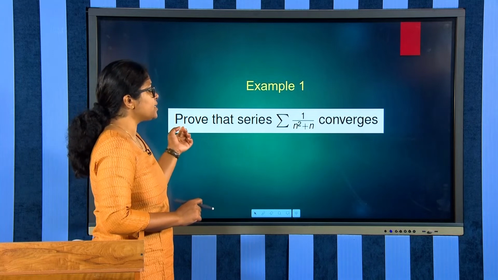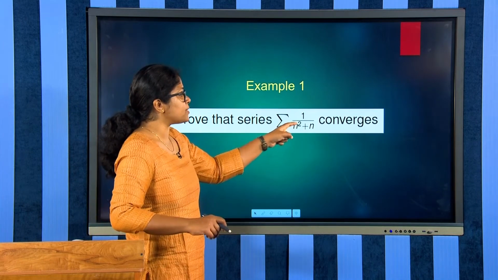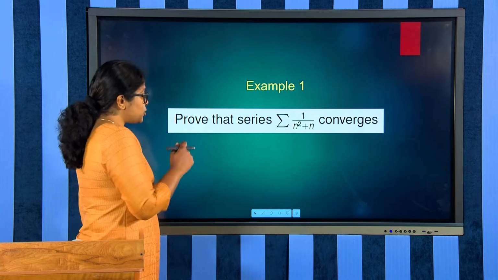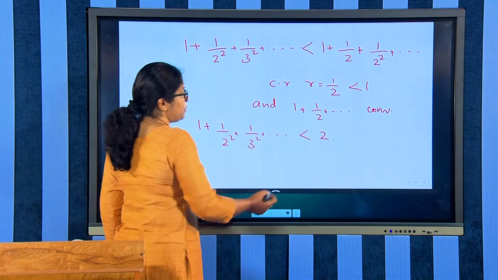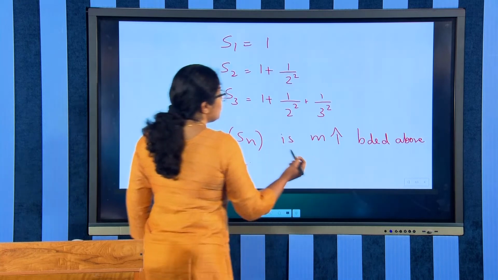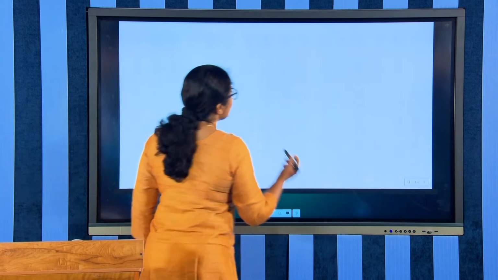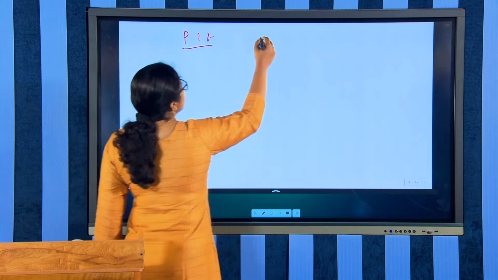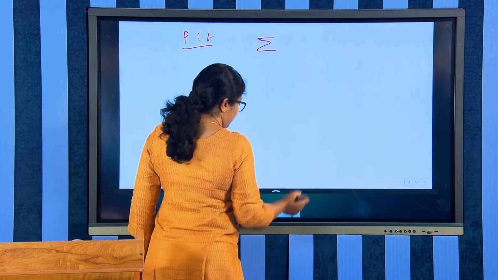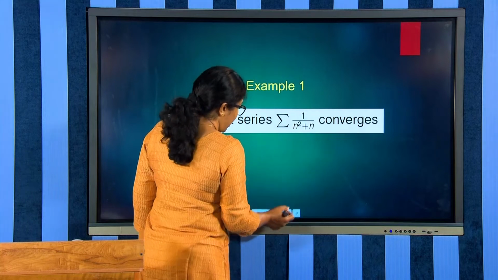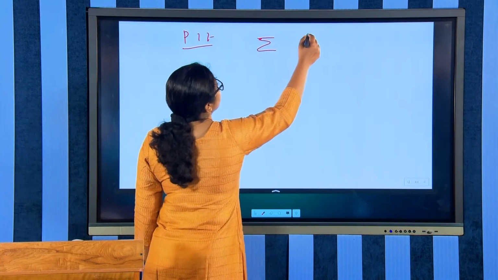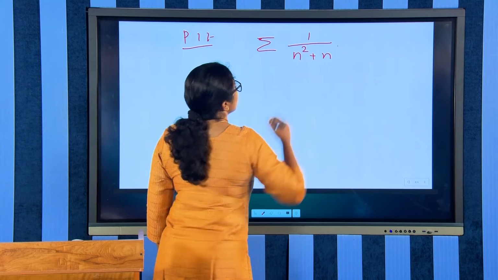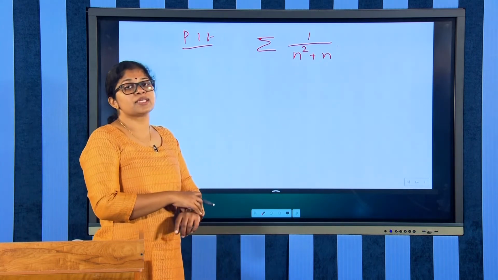Prove that the series summation 1 upon n square plus n converges. So, given such a question, problem number 1, summation 1 upon n square plus n. We are asked to find whether this converges or not.